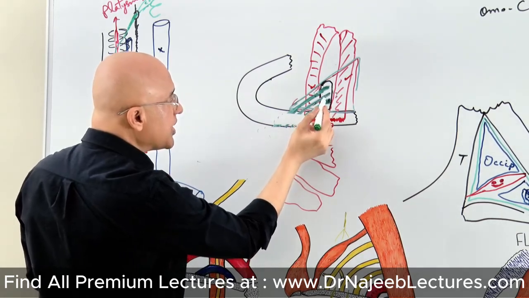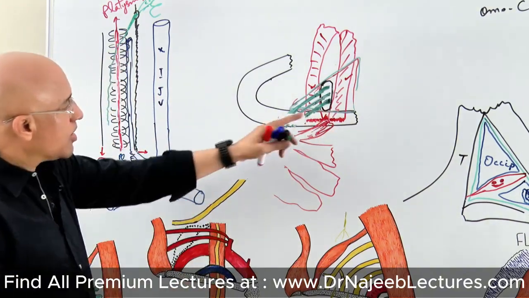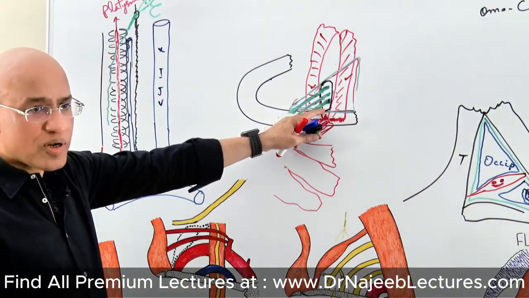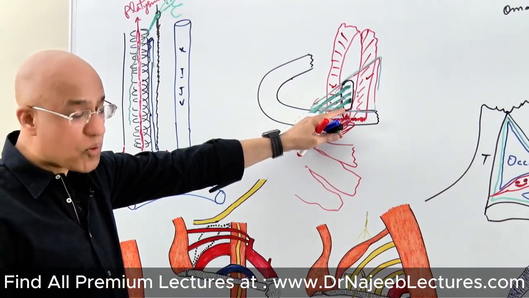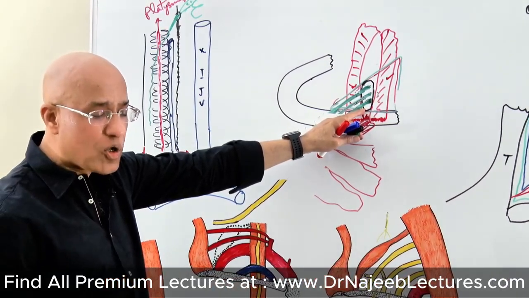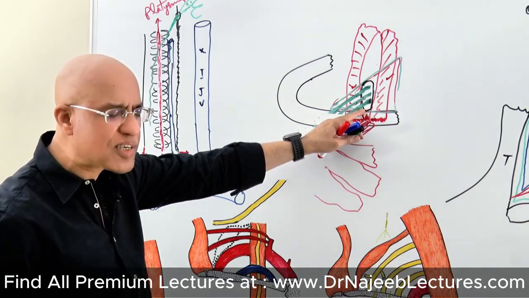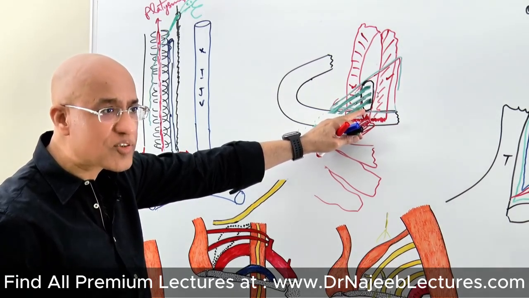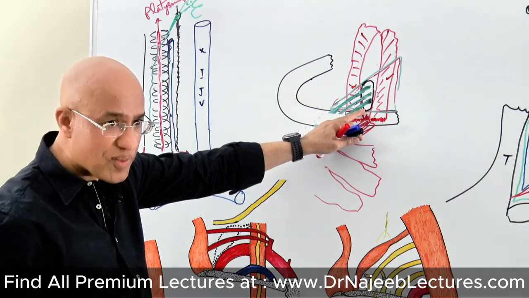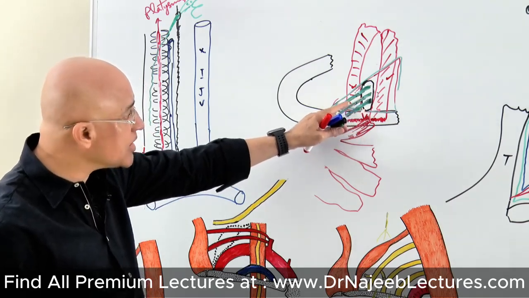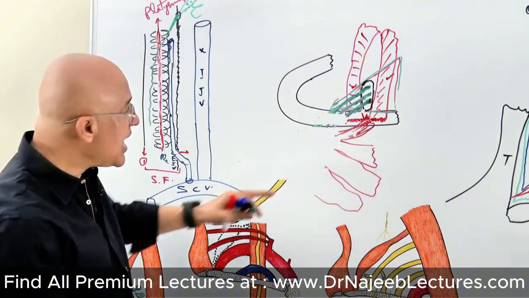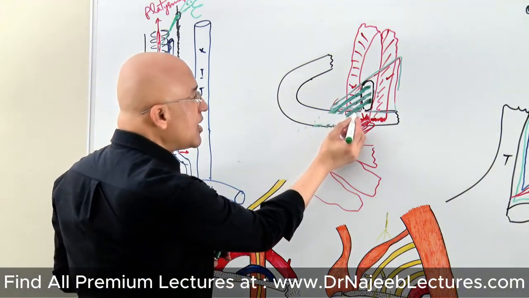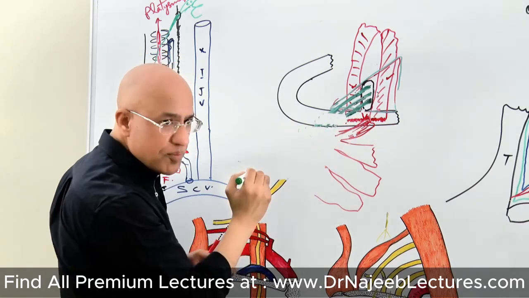These three trunks of the brachial plexus emerging from the floor of the subclavian triangle through the interscalene space or interscalene fissure, right, and becoming the components of the subclavian triangle, and eventually coming over the first rib.